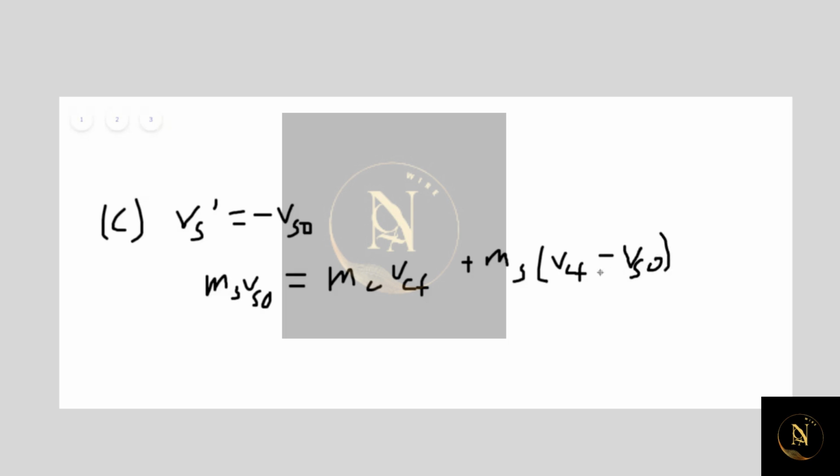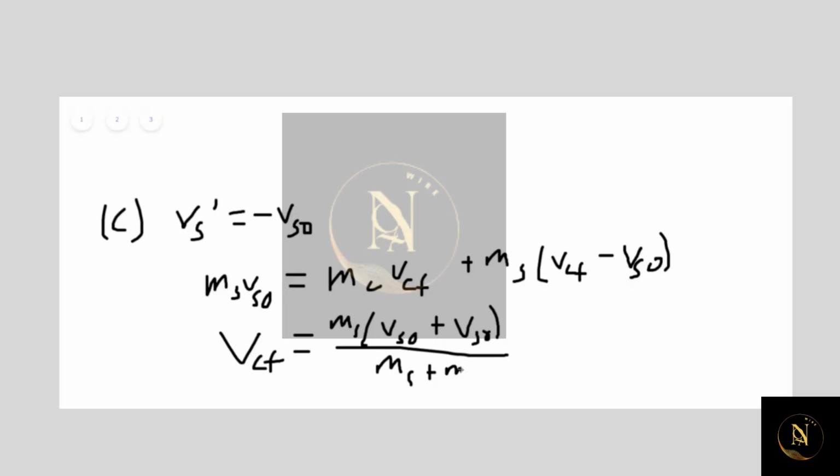Okay? So this time we can rearrange this to solve for the final velocity of the car, which is equal to the mass of the sumo wrestler multiplied by the initial velocity of the sumo wrestler, excuse me, plus the relative velocity of the sumo wrestler, which we determined to be V S 0, divided by the mass of the sumo wrestler plus the mass of the car.